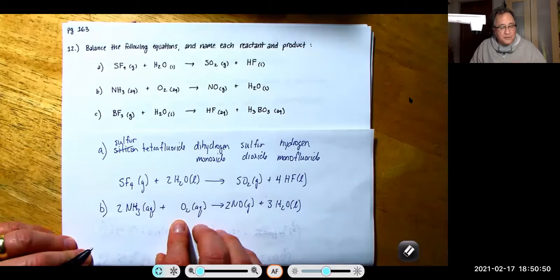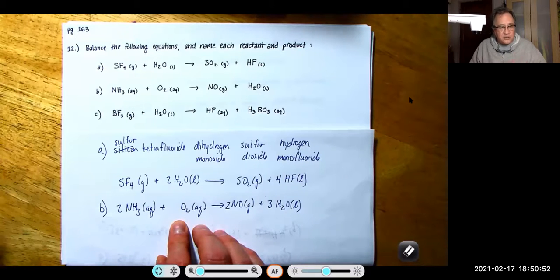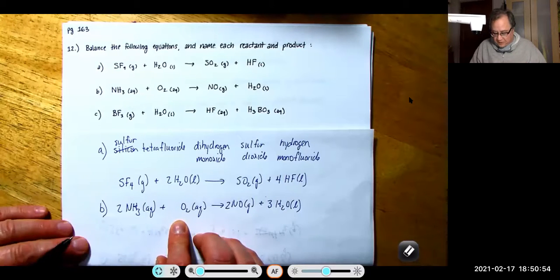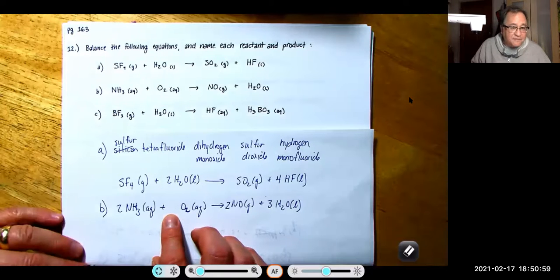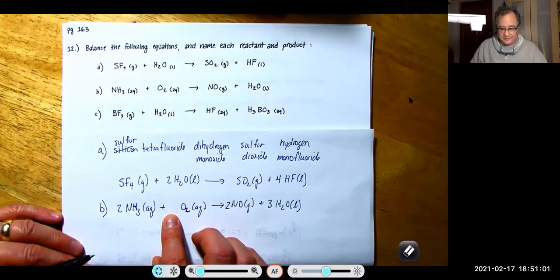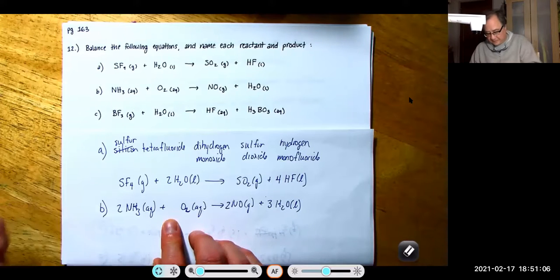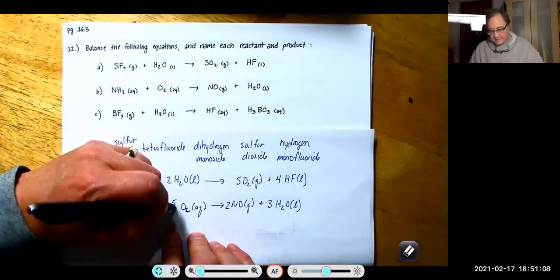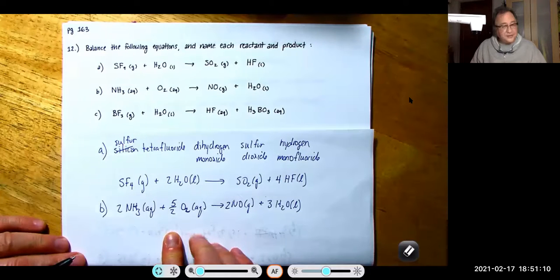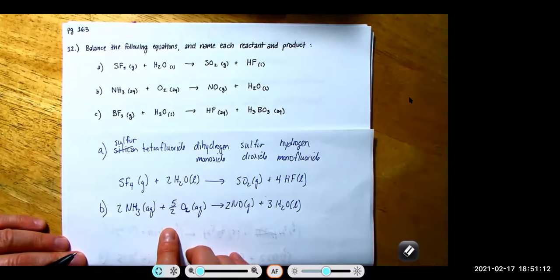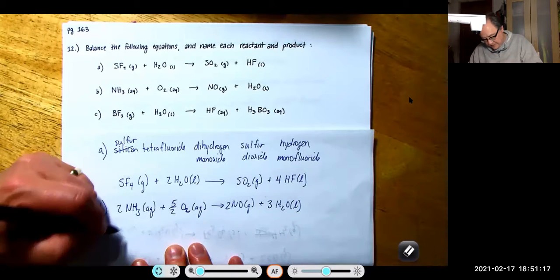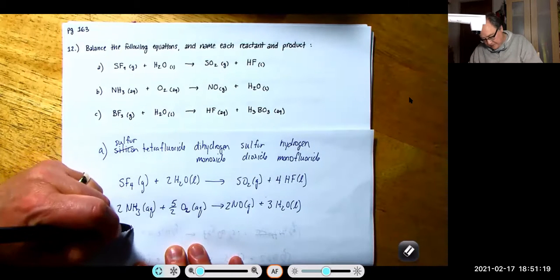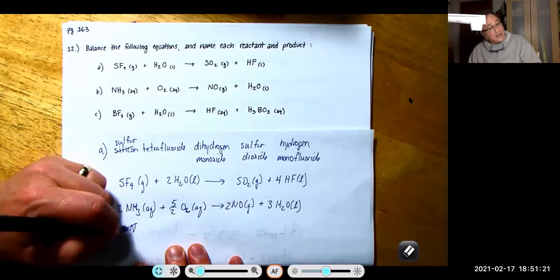And this is a perfect place for a fractional coefficient. So my question to you is, what number should we put here so that we get 5 oxygens? Five halves. Now, we don't like fractional coefficients, so what do we do to all of these? We double them.